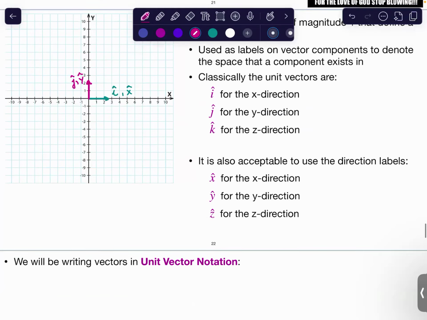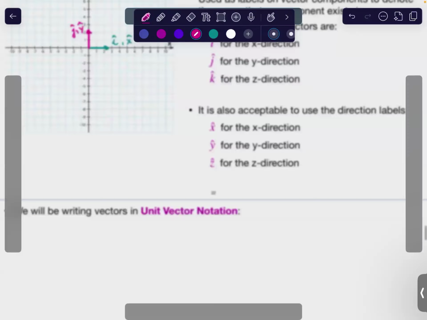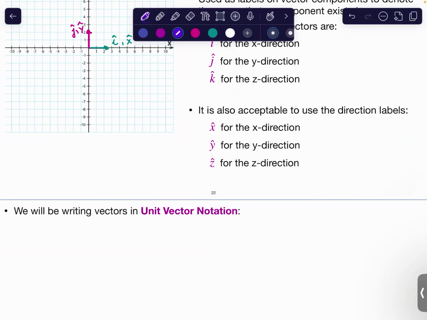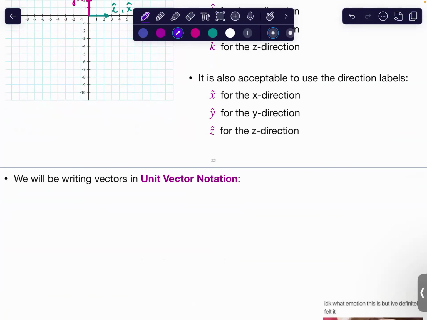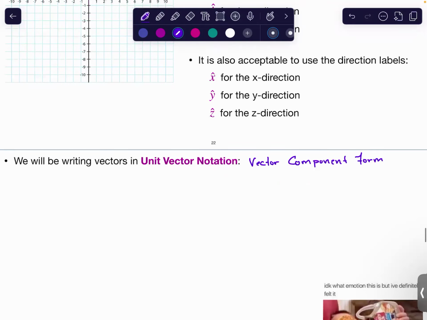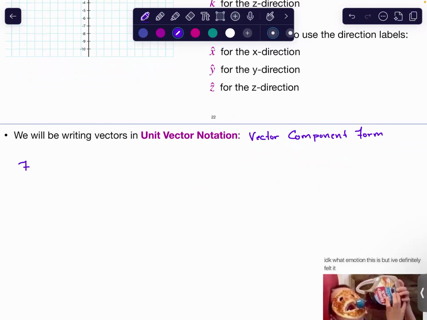I'm going to show you what it looks like because we're almost out of time. So unit vector notation can also be known as vector component form. So if I have force vector F, I know that this is going to have an x and a y component. The way you write it, I get my x component, i hat.